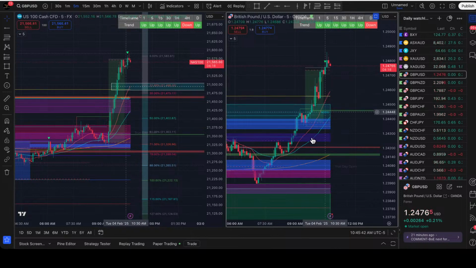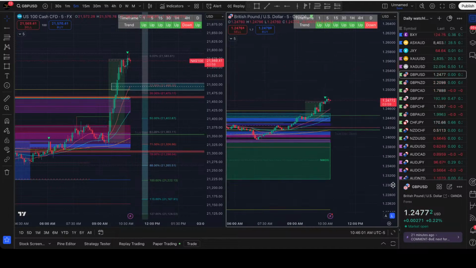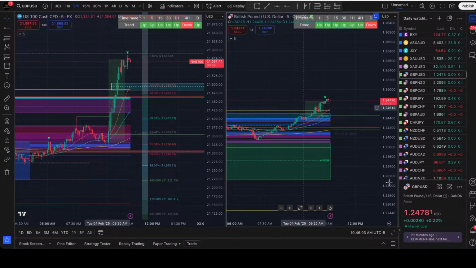It's well above all these zones. I don't know if it's going to retrace all the way down there. Here's our New York fair value gap. And it's sitting right inside the new day opening gap. Let's see if we get down that low. And then there's your previous day low and high in the yellow.